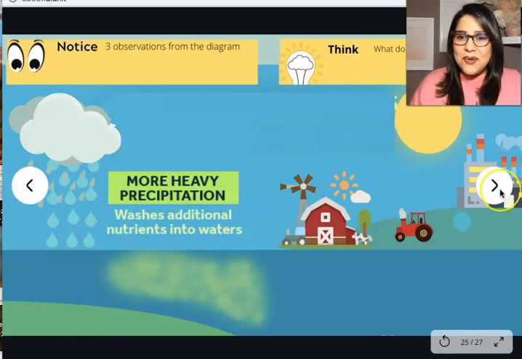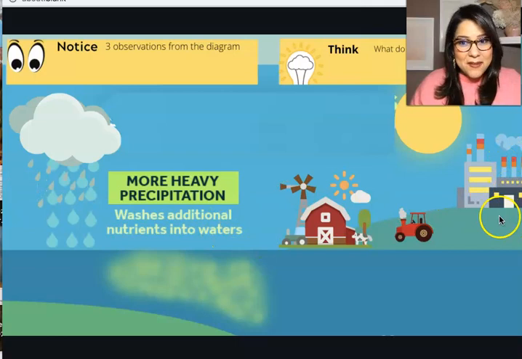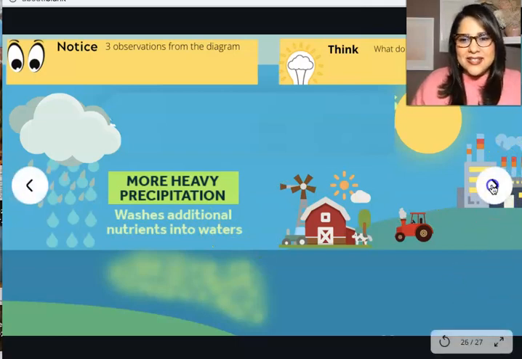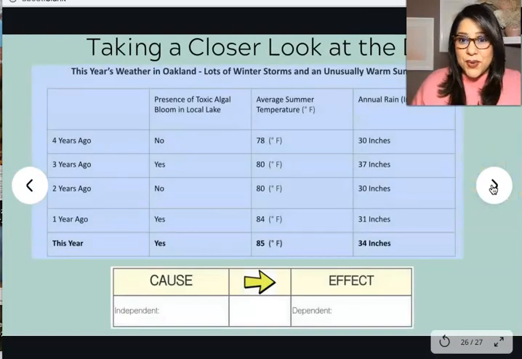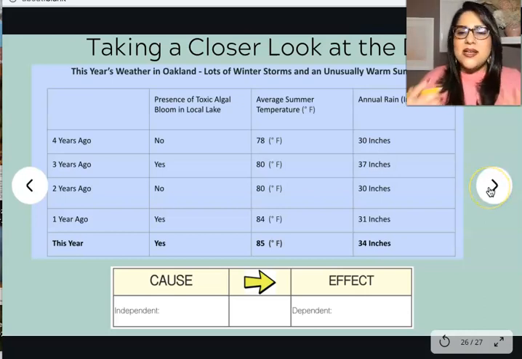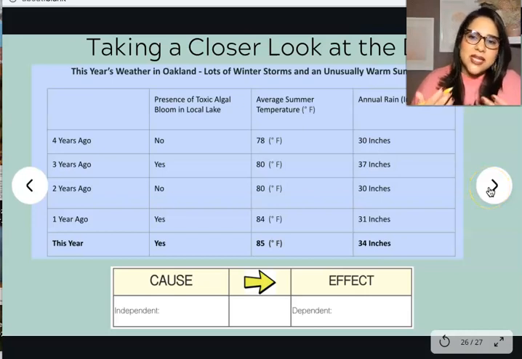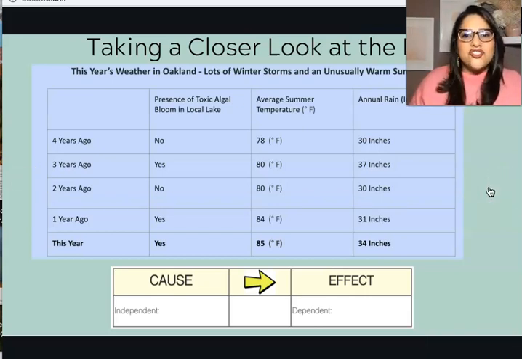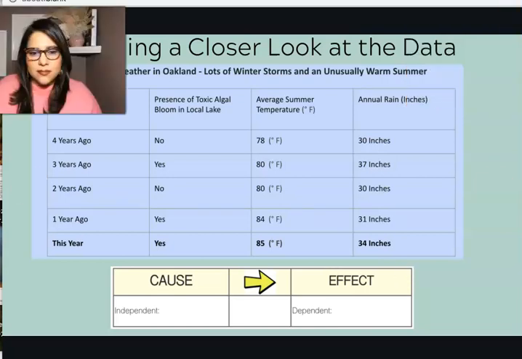Now that we've finished with our observations and our think box, let's move forward. We have some data here, and we want to review it to try to make sense of it. Anytime we have a data table, it's trying to tell us something, and our job is to figure out what this data table is trying to communicate to us.